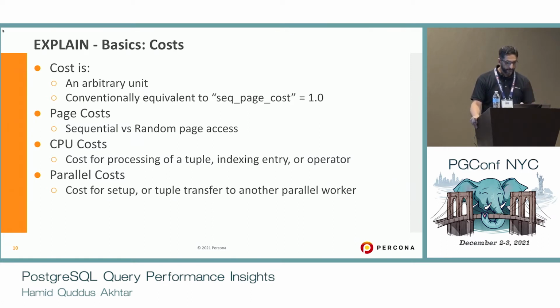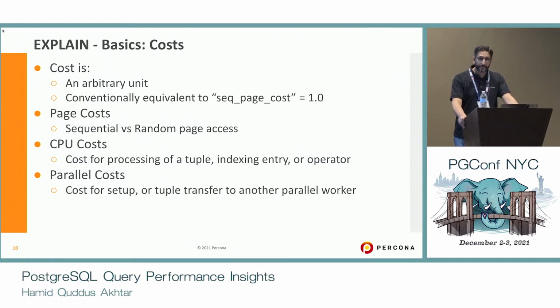I think the default values are 0.01 for the tuple, half of that for the index, which is 0.005, and further half of that for the operator, which is 0.0025. So it's in that sequence.